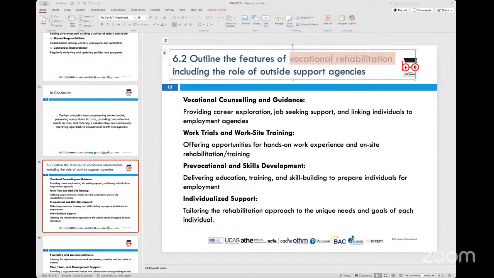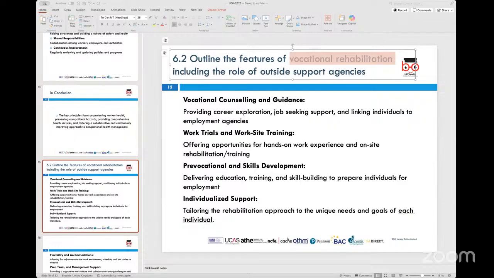So vocational is related to employment or occupation, and here what we are talking about is particular standards that will apply in relation to your occupation and the skills that you need to be able to work effectively within your particular role. Now, vocational rehabilitation means rehabilitation in relation to occupation or employment.